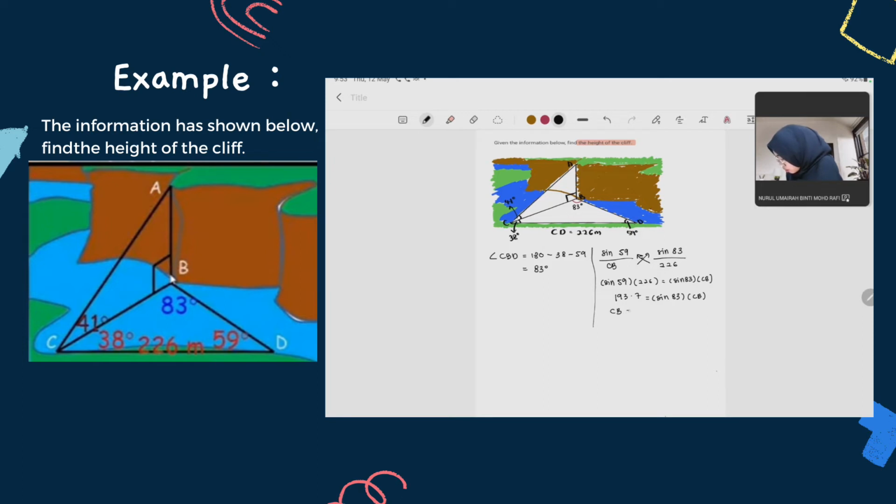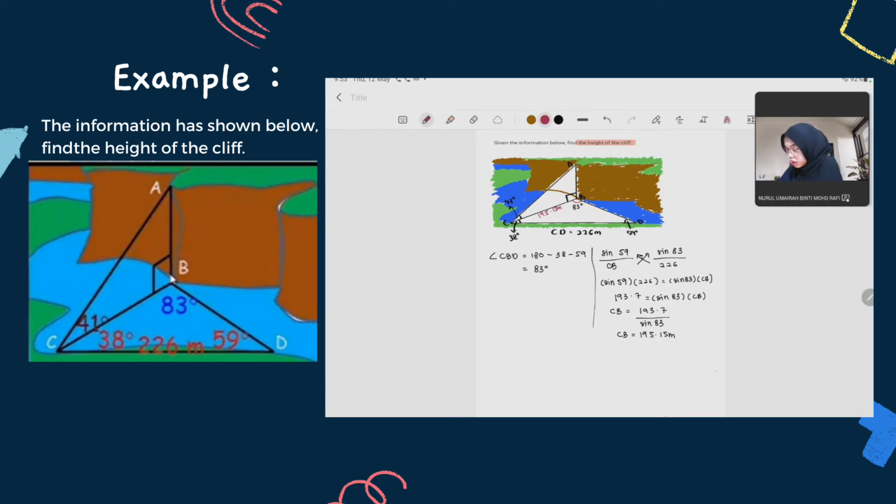So CB equals 193.7 over sine 83. Here we get the length of CB is 195.15 meters.